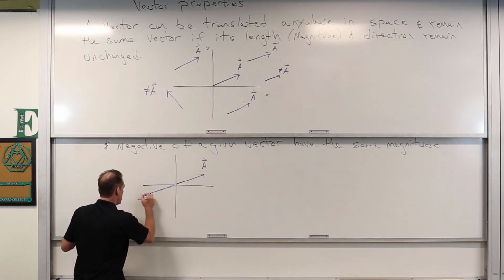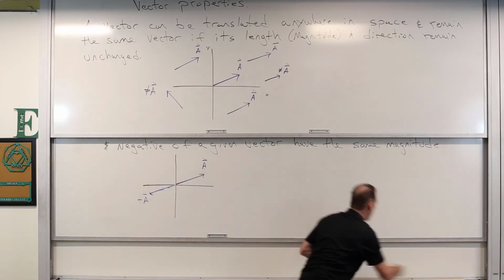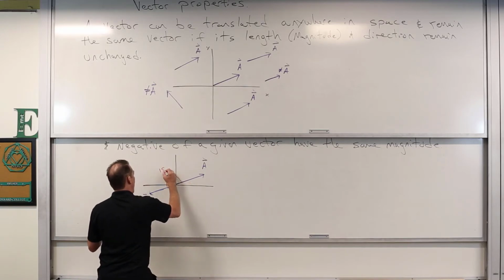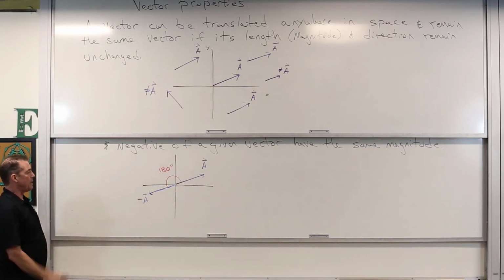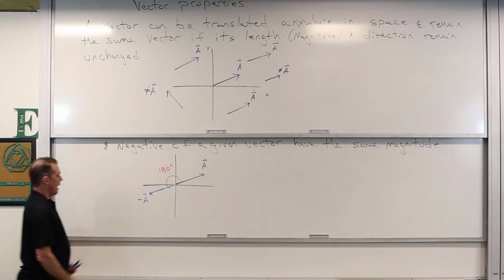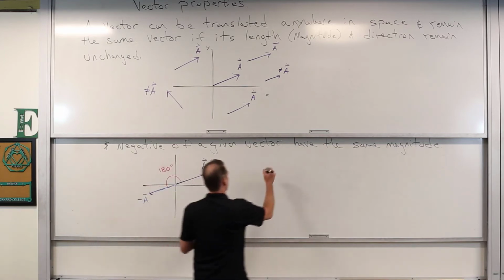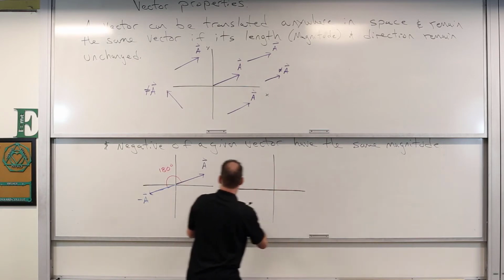This would be negative A hat. What again is the difference between these two? The difference is there's a 180 degree angle in between them. That's it. Same magnitude, opposite directions. So again, with the ability to translate things, I don't just have to be right there.